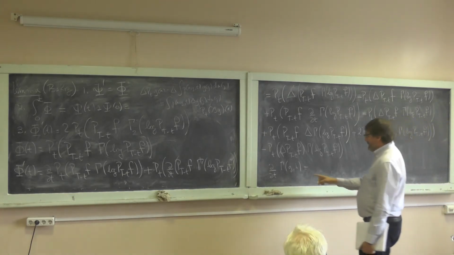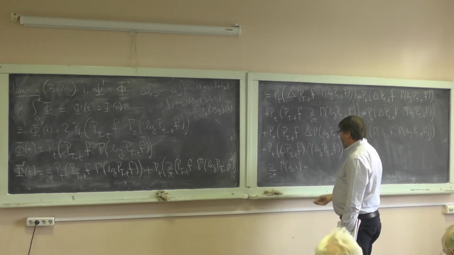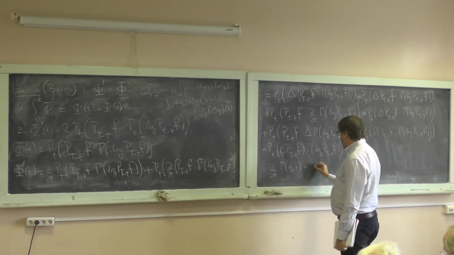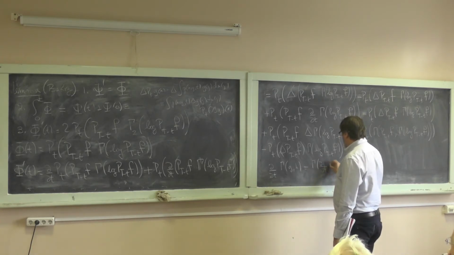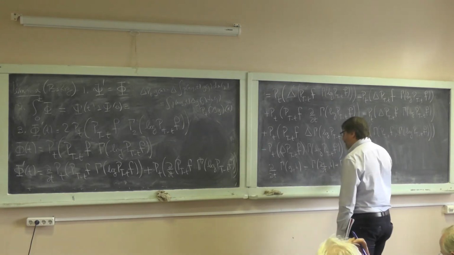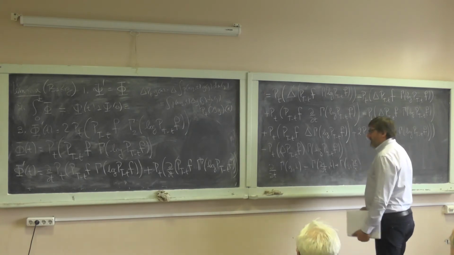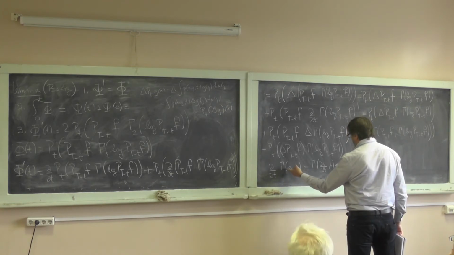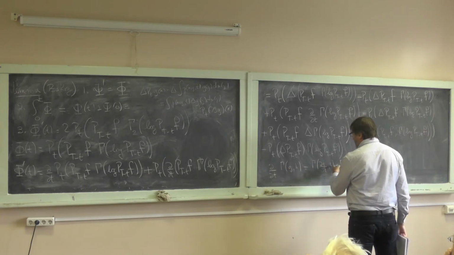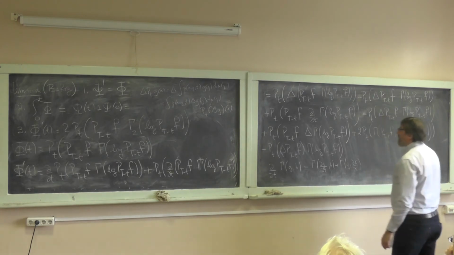So if I do this, this will be equal to gamma of dg/dt, h plus gamma of g, dh/dt, right? Because this is an inner product. These functions depend on t, so I have gamma of dg/dt, h plus gamma of g, dh/dt.